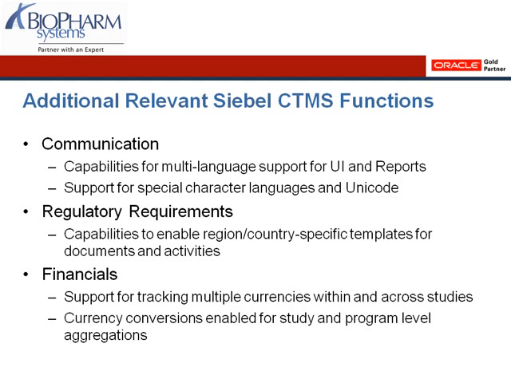Siebel also has support for special character languages and Unicode. So if you choose to track information for your global studies in the local language, you can actually do so. It has special character capability. And I'll actually show you a screenshot example of this before we get into the demo.